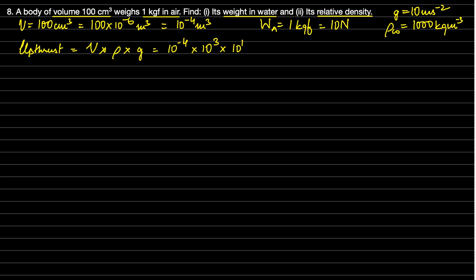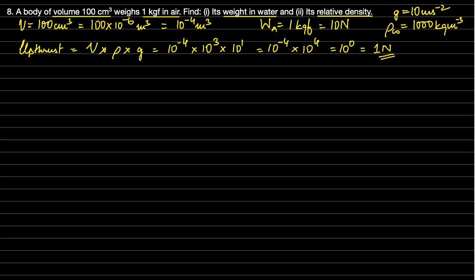So here we get 10 to the power of minus 4 into 10 to the power of plus 4. Now minus 4 plus 4 is 0. So we get this as 10 to the power of 0. Now remember, any number to the power of 0 is equal to 1. So we get upthrust as 1 newton.